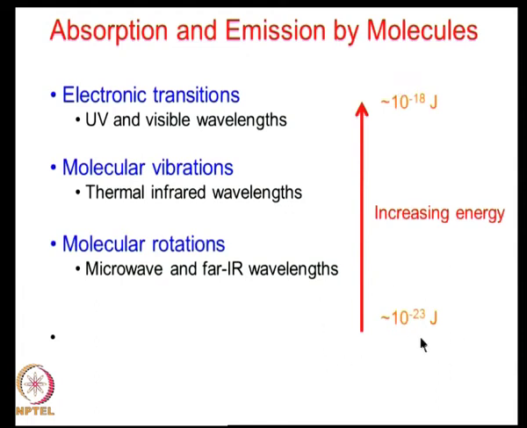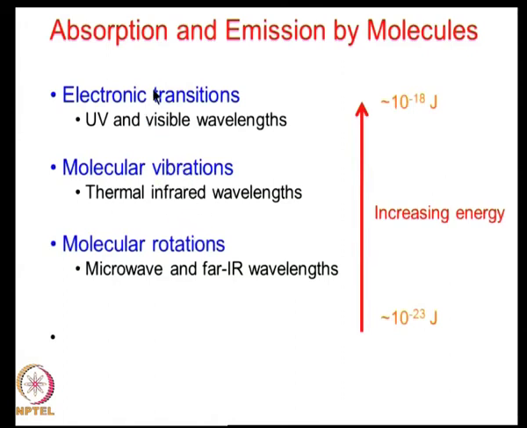Rotation requires very little energy, electronic transition requires a lot of energy, and hence only photons in the microwave and far infrared can really be absorbed and create changes in the rotational state, and photons that are a little more energetic, in the infrared region, near or far infrared, can induce changes in the vibration of the molecule.